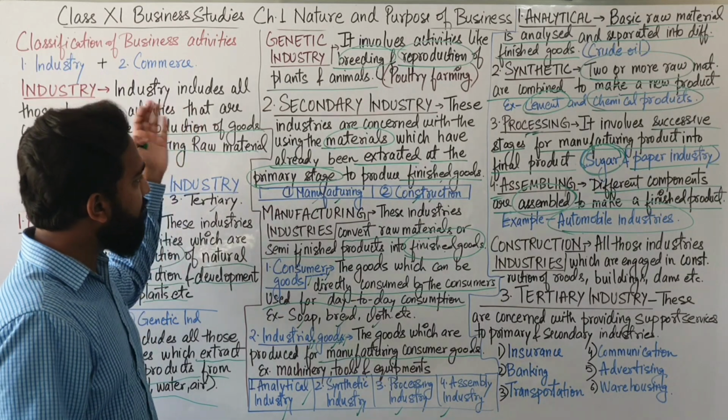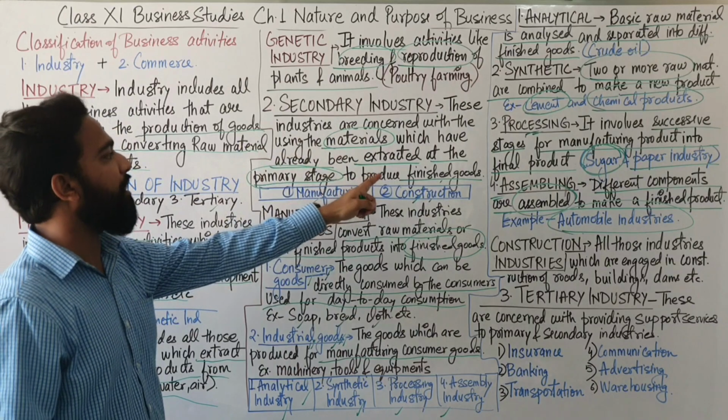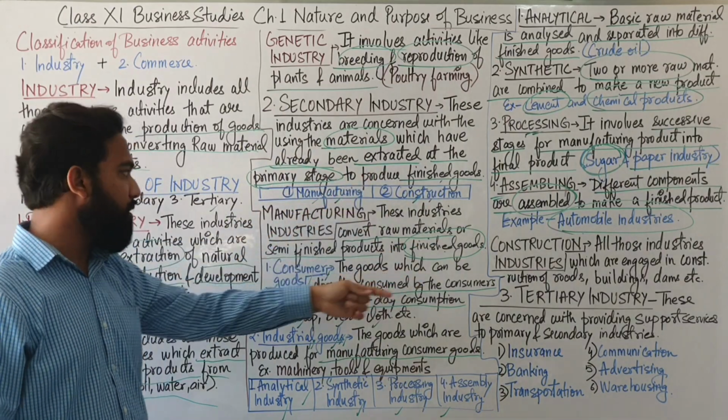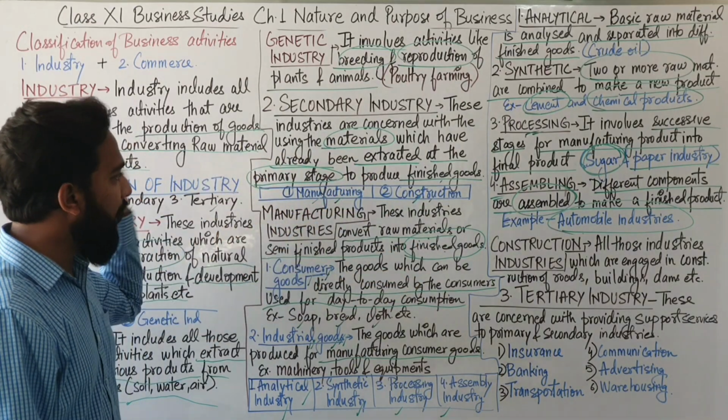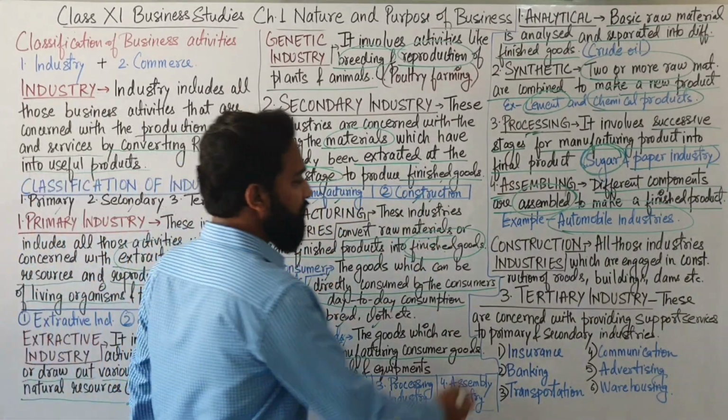So basically, this is your secondary industry, in which minerals already extracted at the primary stage are used to produce finished goods. It has the manufacturing industry, and the next one is the construction industry.